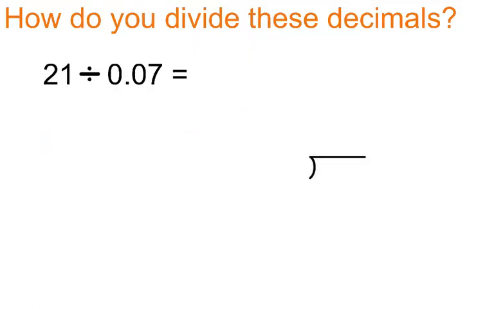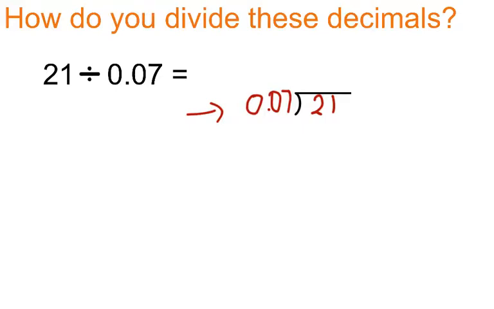Let's look at another example. So we have 21 divided by 7/100ths. A good thing to do is to first rewrite the division problem in a simpler way. So if we had 21 and we divided it by 7/100ths, remember, it would look this way. Don't get them confused. That's a very common mistake.